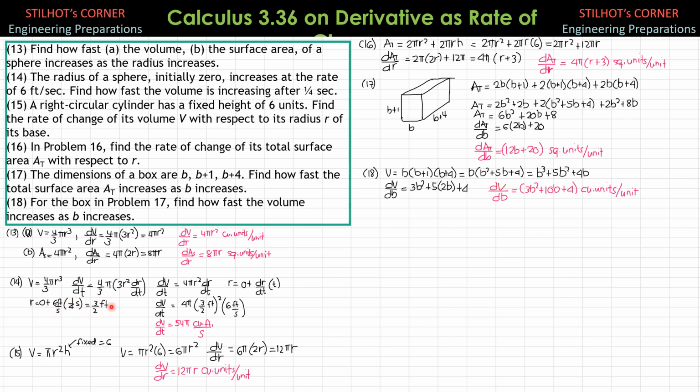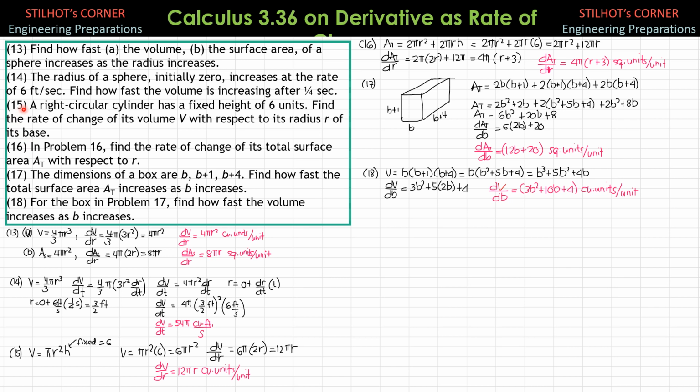That's 3 halves of a foot. So therefore, dV/dt is 4 pi times quantity 3 halves feet squared times dr/dt, which is 6 feet per second, and the units would be cubic feet per second. So simplifying that, that would be 54 pi cubic feet per second.